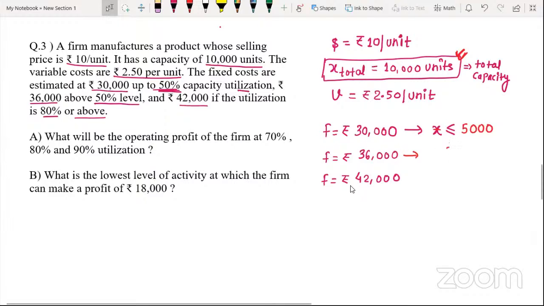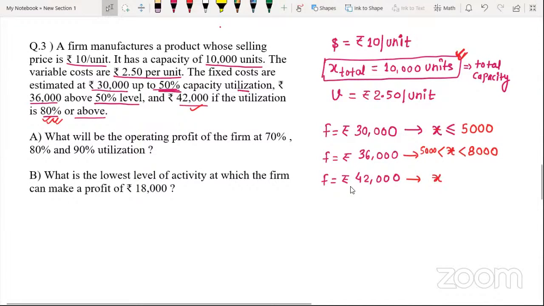The second part they are saying that if it is greater than 5,000, that is 50%, and less than 80%, that is 80% of 10,000, so you will get 8,000, the fixed cost will be 36,000. And the third case they are saying that 42,000 if 80% or above.